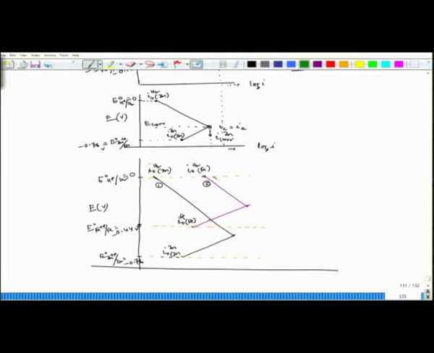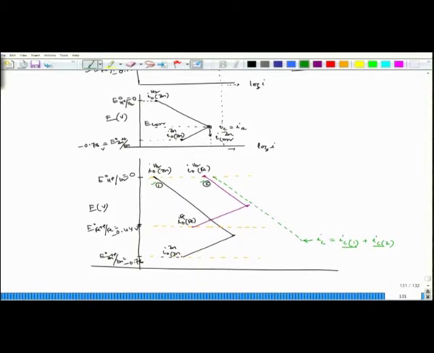So, this becomes my line which corresponds to IC equal to IC1 plus IC2. So, that means this is for this one and this is for this one at each potential.